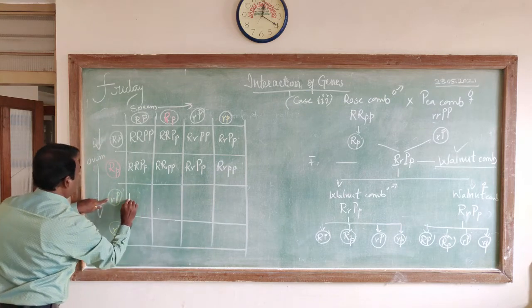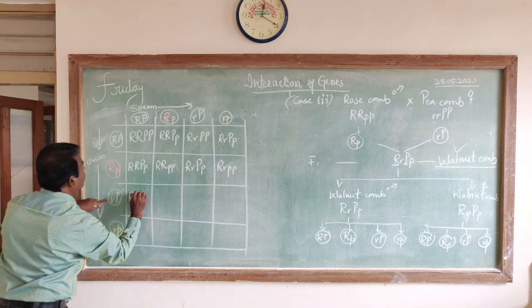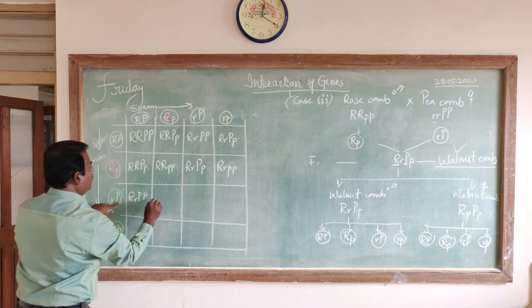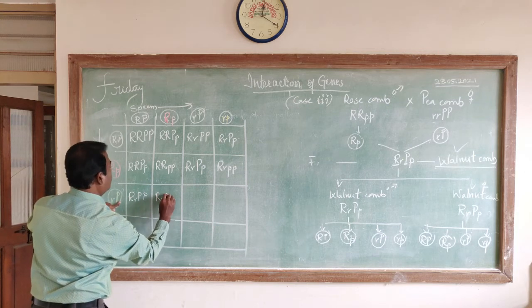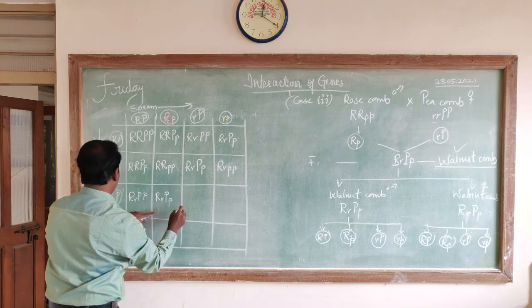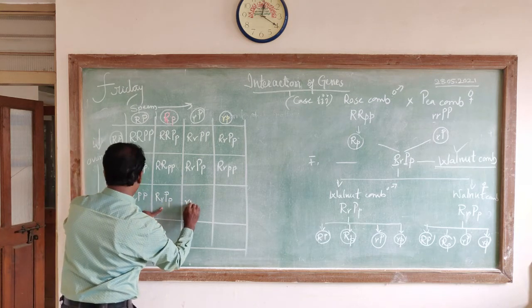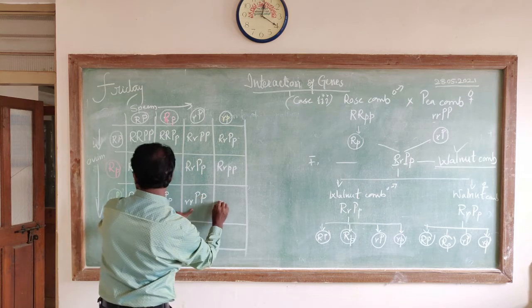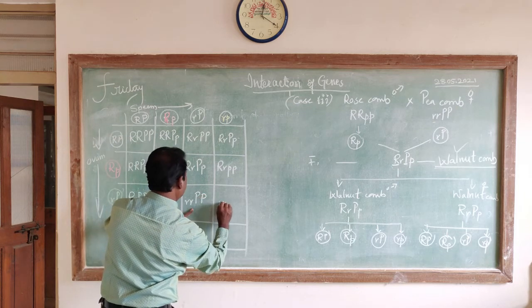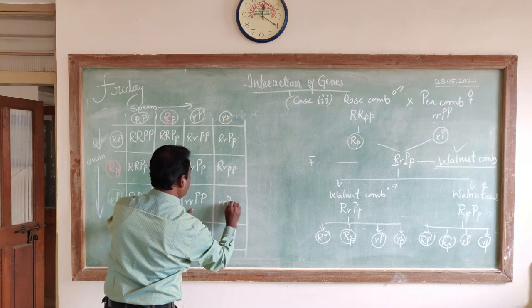Third row: capital R, capital P. Then capital R, capital P, small p. And this is small r, capital P. And this is small r, capital P, small p.